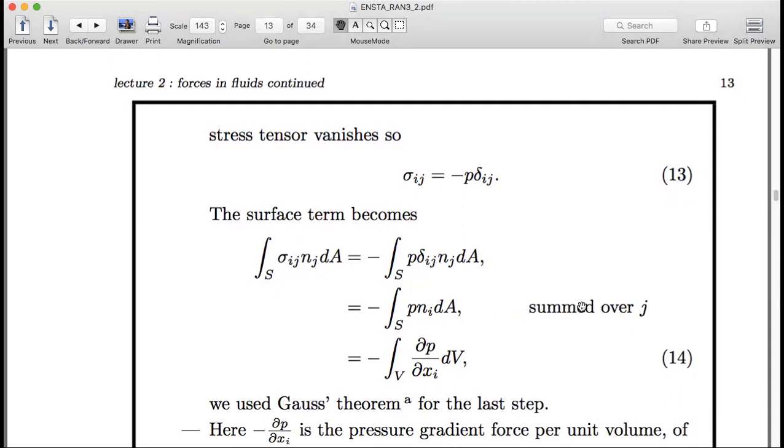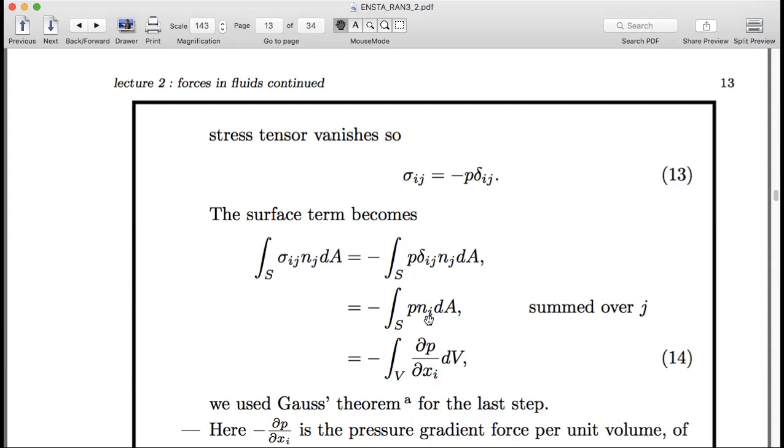The comments on the right tell you what I did to get from here to here, or what justified going from here to here. So I summed over j. It's just a pedagogical device that I either invented myself or stole from someone a long time ago, and now have forgotten whom I stole it from.